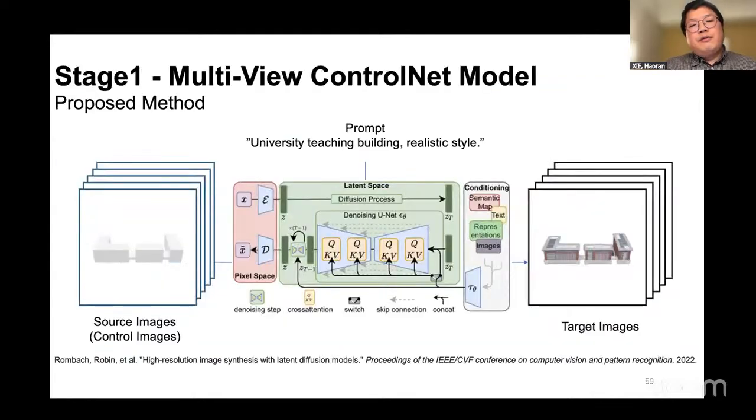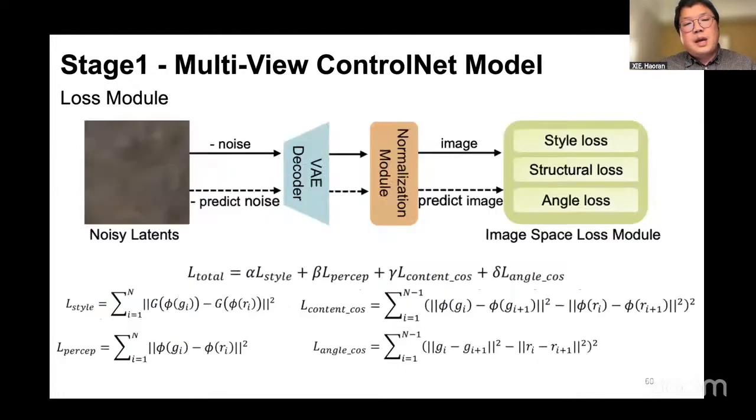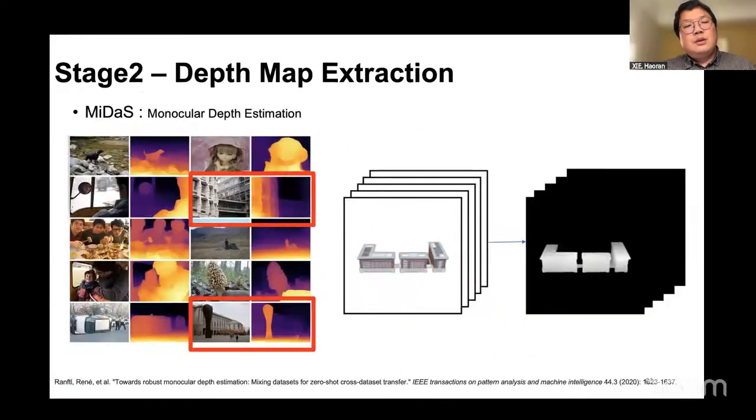Basically, we first use step diffusion to generate different target images. We use different losses: style loss of the images, and the structure and the orientations. Then as one condition, we also use the depth map. We use Metric3D, the most famous model for depth generation.